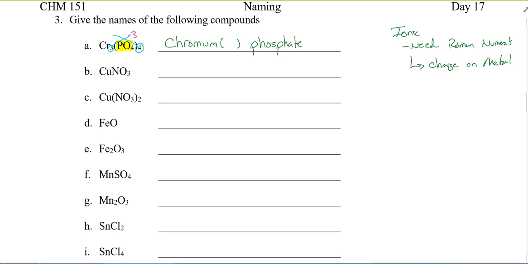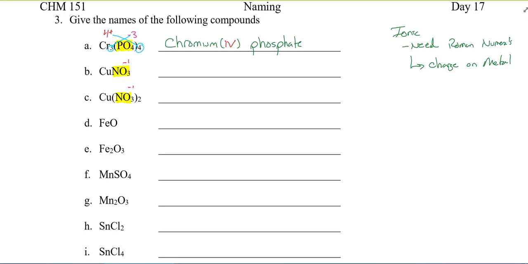What's the charge on chromium? Not how many there are. The charge, well, it looks like it's chromium 4+. Right, so chromium(IV) phosphate. And this hopefully becomes evident right here because we have nitrate, and nitrate, of course, is -1.